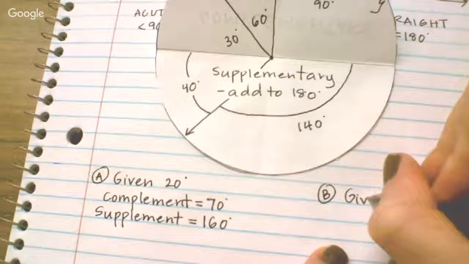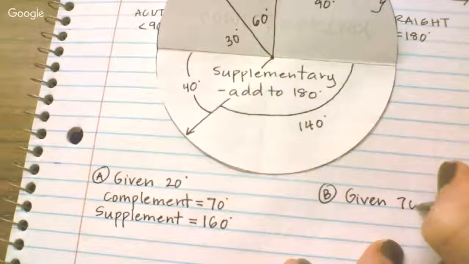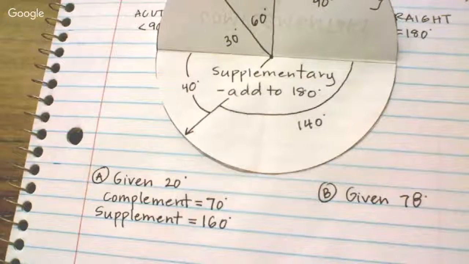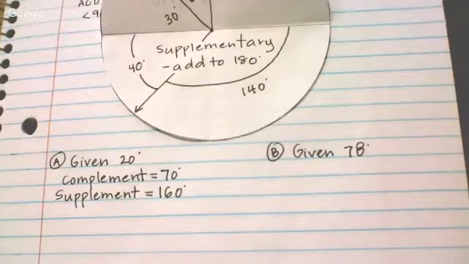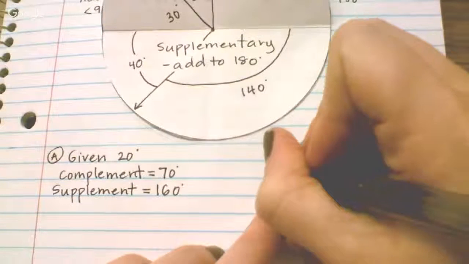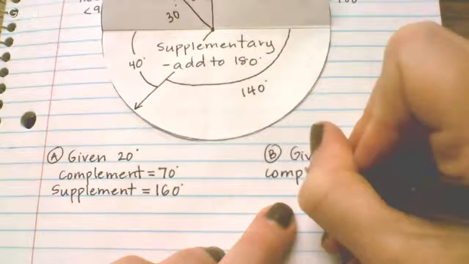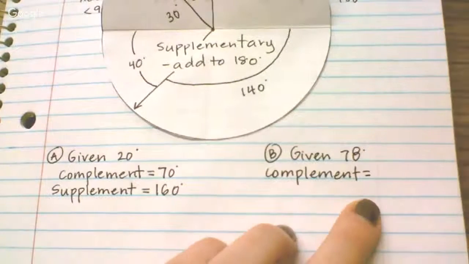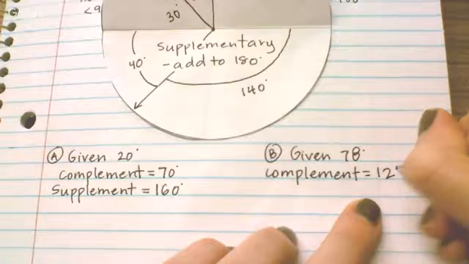Let's say I'm given 78 degrees. Complement equals 12 degrees.